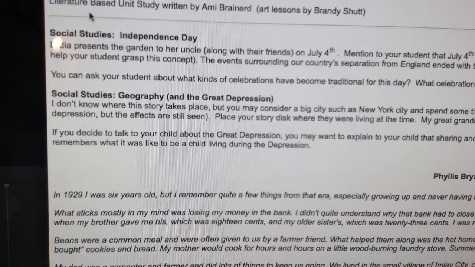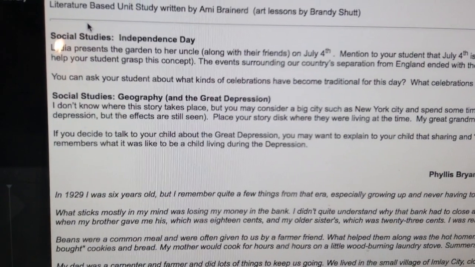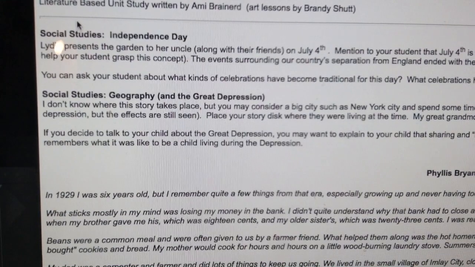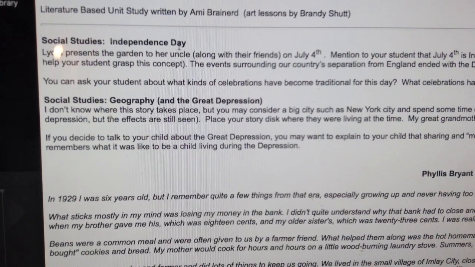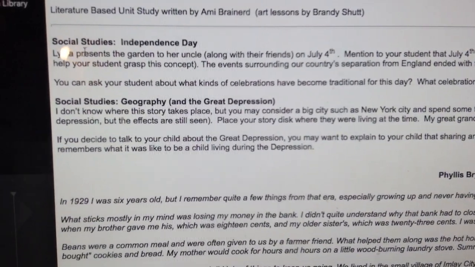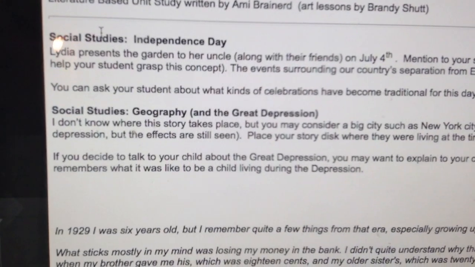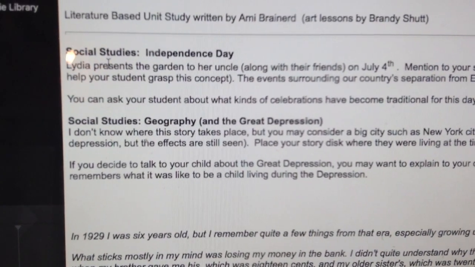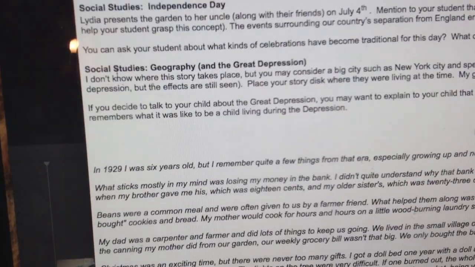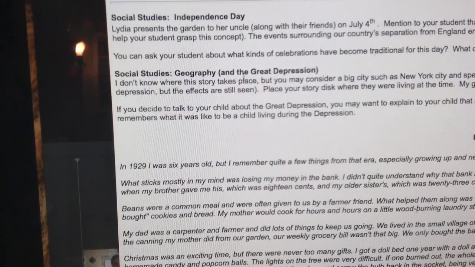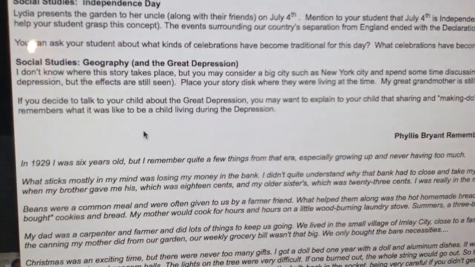And this is a literature-based unit study written by Amy Brainard, an art lesson by Brandy Schutt, and also you can cover social studies, talk about Independence Day, social studies and geography, and the Great Depression.